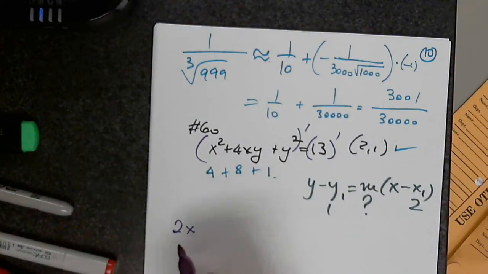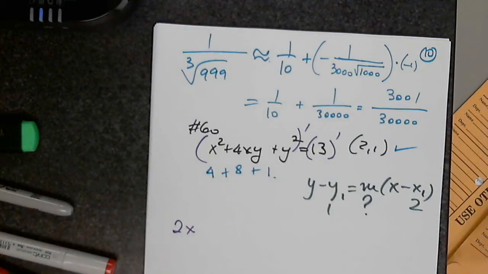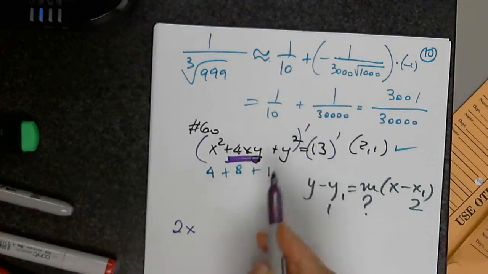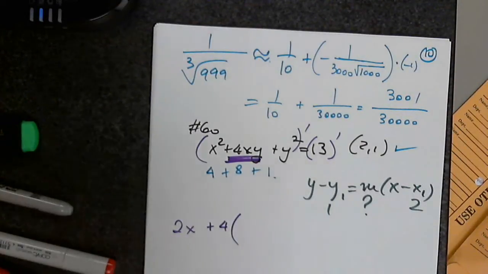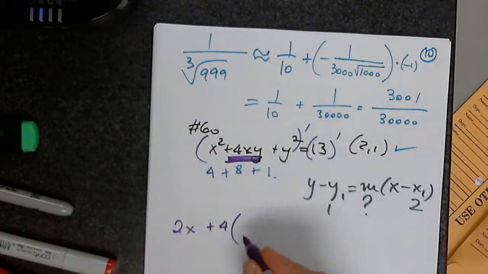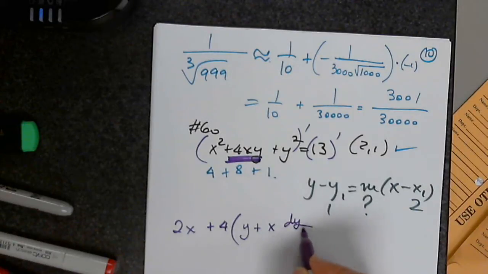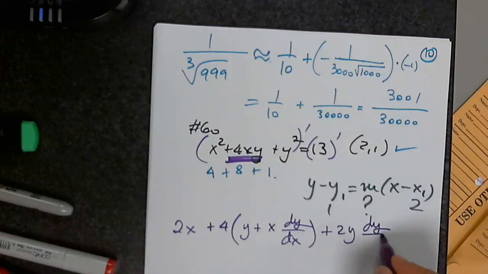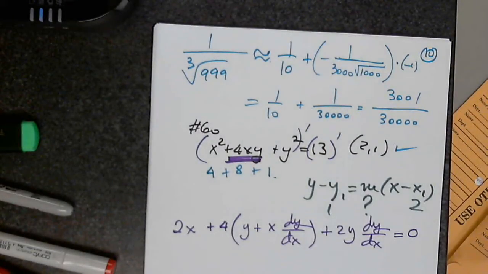This is 2x because x here is just a variable. But here I have to use the product rule. So plus, leave the 4 outside. I recommend that. Don't mess with the constant. It's a factor. So x prime is 1, times y, plus x dy over dx, and plus 2y dy over dx equals 0. Is this step clear?